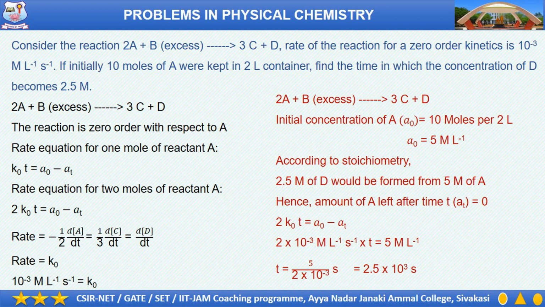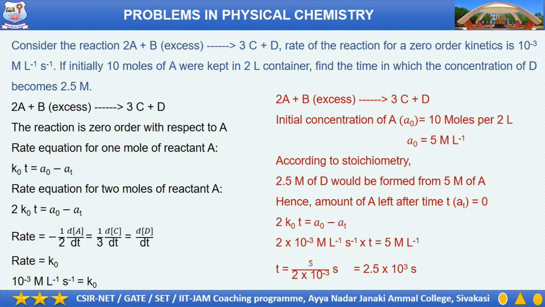But 2.5 molar concentration of D is provided. How many molar of A should undergo decomposition or reaction? That can be calculated from the stoichiometry, or you can make use of a methodology procedure.